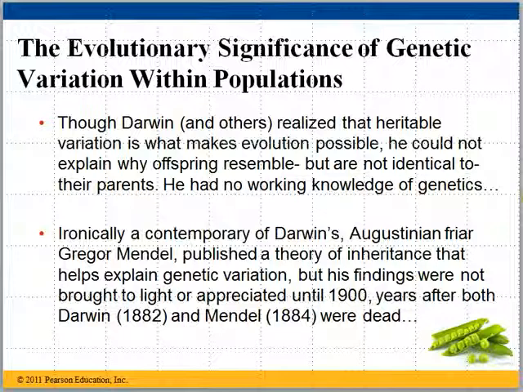And actually, I'm not even sure if Darwin even knew of Mendel's work or not, but at any point, the connection wasn't made. As a matter of fact, the connection wasn't made until about the early 1900s, after the death of Darwin, who died in 1882, and Mendel in 1884.